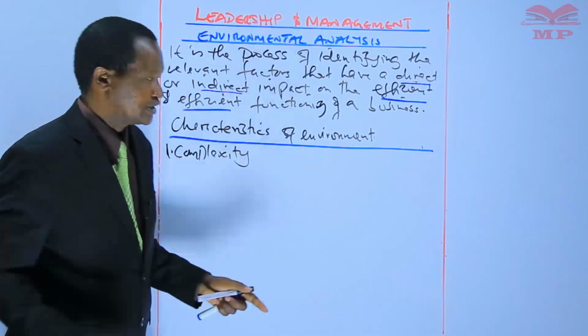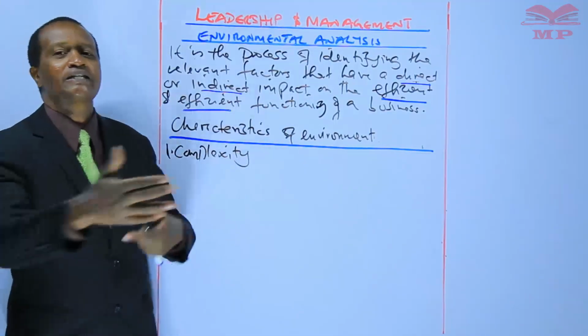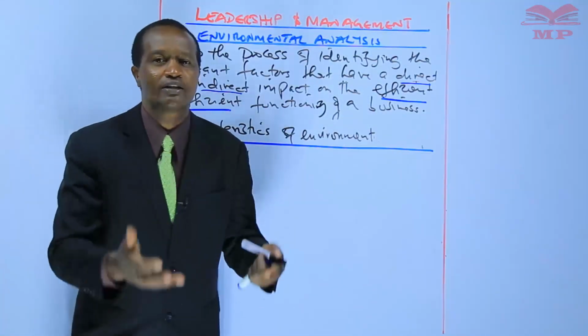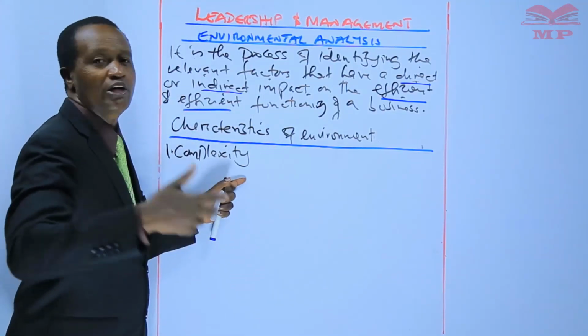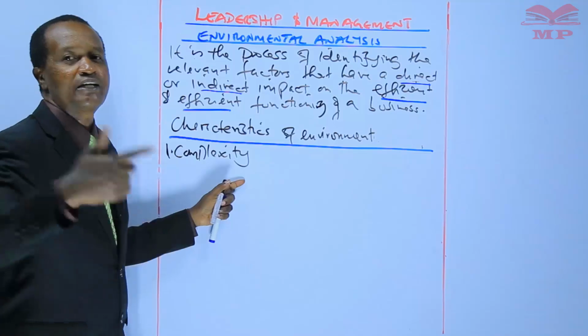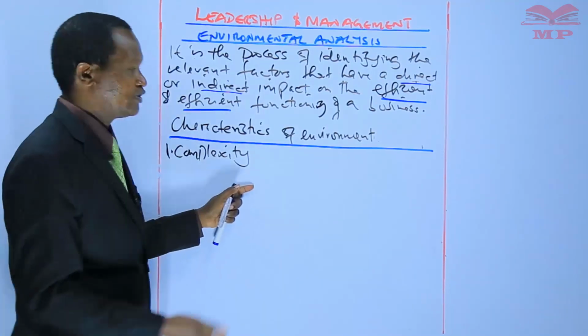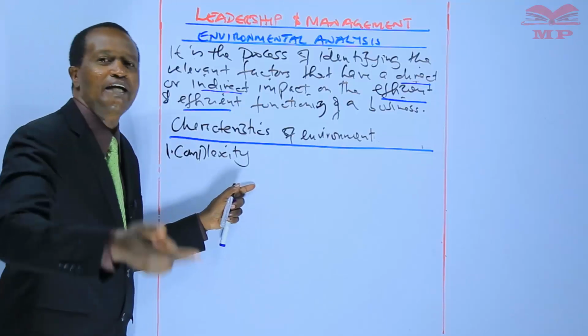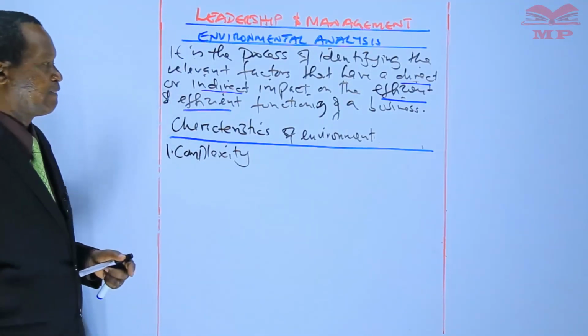All those forces, the more they are, the more they interact with each other, the higher the complexity. The greater the number of forces and the diversity of environmental forces, the higher is the degree of complexity.